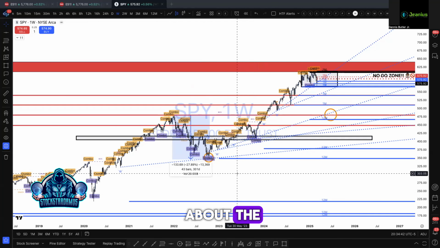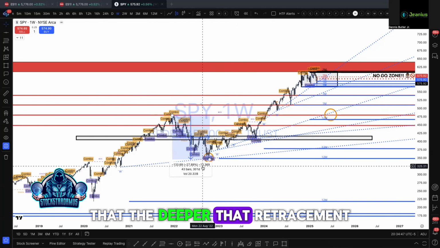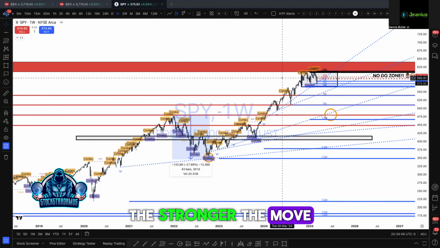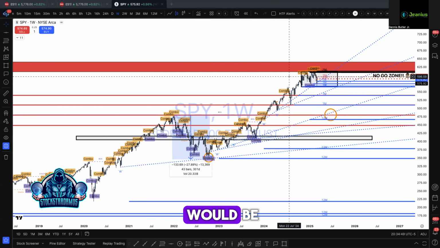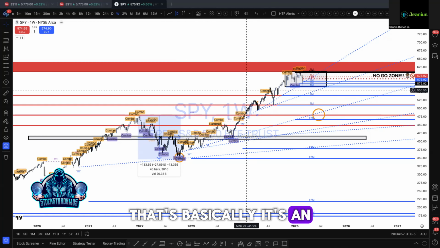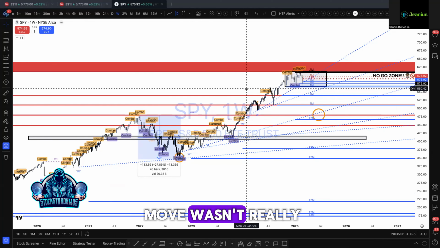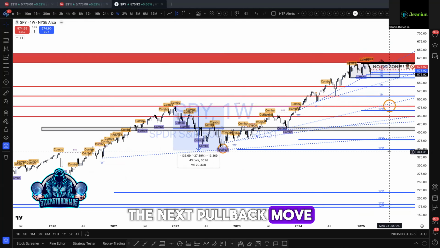So if you think about a retracement in the market, the deeper that retracement, the stronger the move would be. A shorter retracement means that pullback wasn't the ultimate pullback. It's an indicator that the previous pullback move wasn't really the next pullback move.